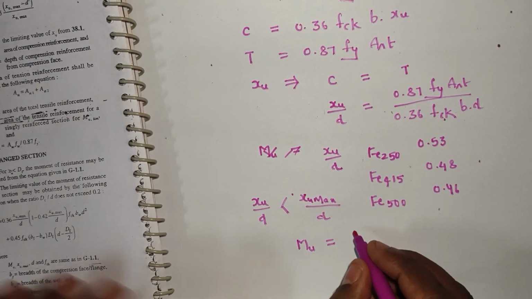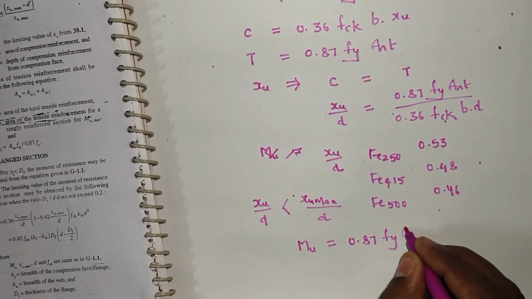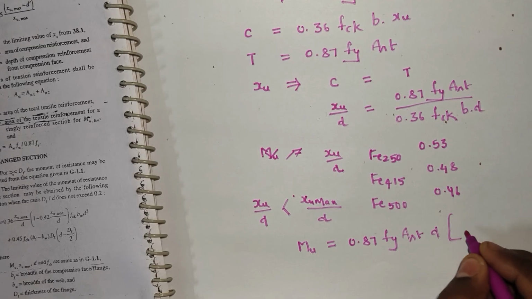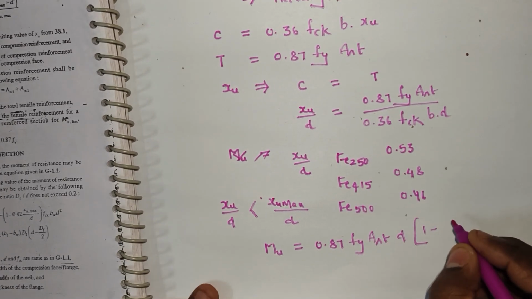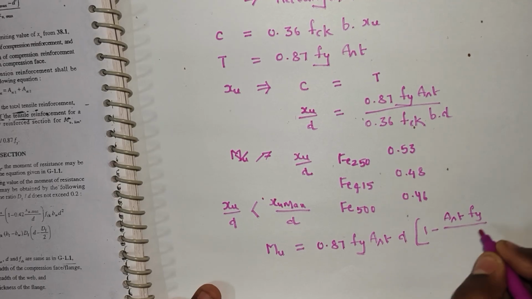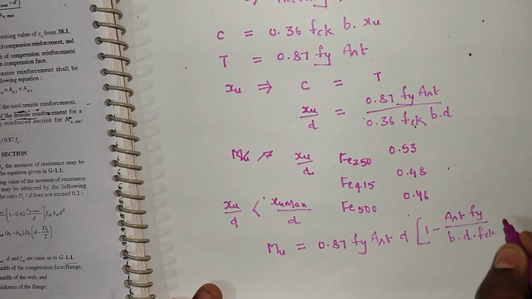Mu is equal to 0.87 fy Ast into d into 1 minus Ast fy by b into d into fck.